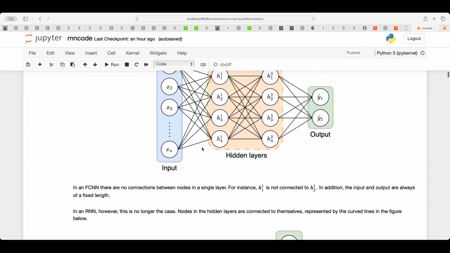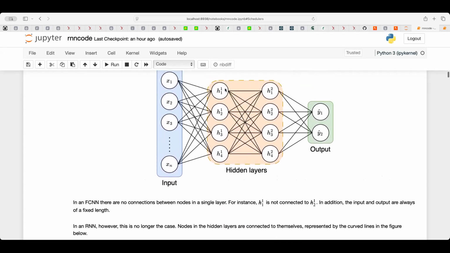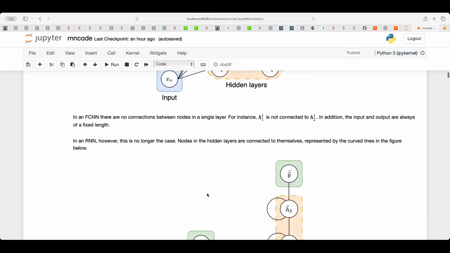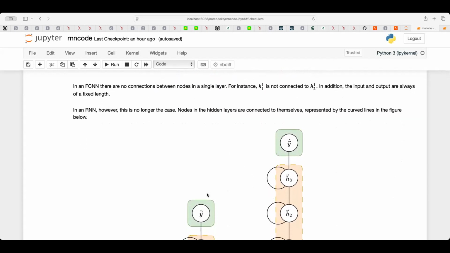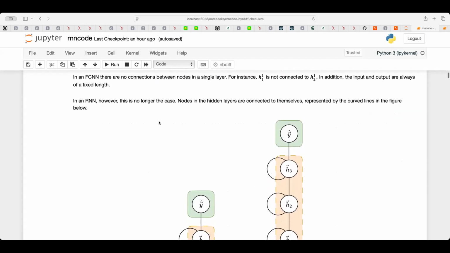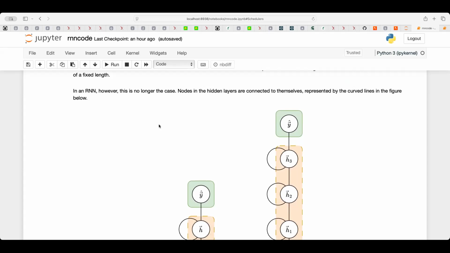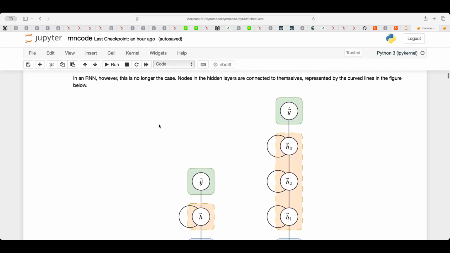In the FCNN, there are no connections between nodes in a single layer. If you look at these two nodes here, the superscript is the layer, and the subscript is the node in a given layer. This is layer 2, this is layer 1, and these two are not connected. Now, when you go to an RNN, this is no longer the case, and nodes in the hidden layers are connected to themselves.